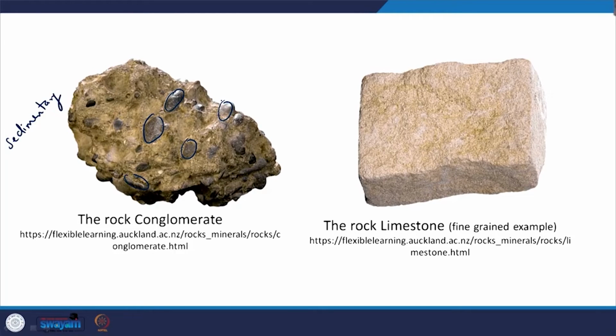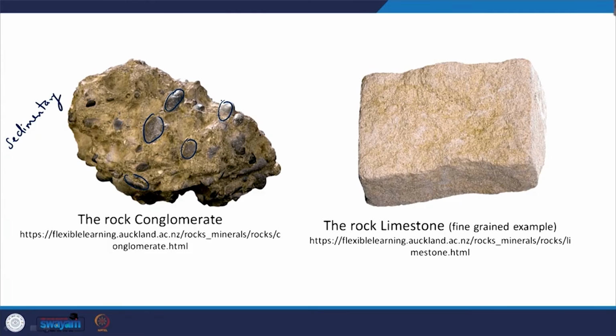The rounding of the clasts indicates that they have been transported some distance from their original source, maybe by a river or glacier, or that they have resided in a high energy environment for some time. For example, on a beach which is subjected to wave action.